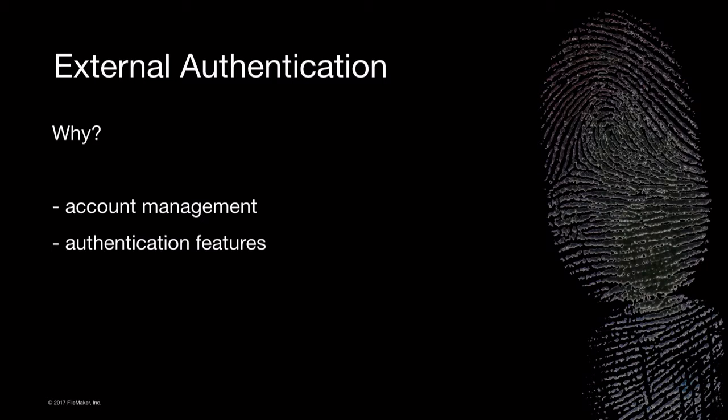You can limit who gets to access during certain days of the week, certain times of the day. All of that is already built into those identity management solutions, and you can now just leverage it in your FileMaker solution. Things like multi-factor authentication, right? All of these, Active Directory, Open Directory, and the other OAuth ones that we'll talk about in a minute, offer that natively. And it means that it's now available to you to use for your FileMaker solutions.